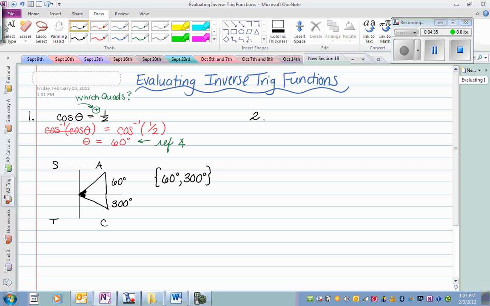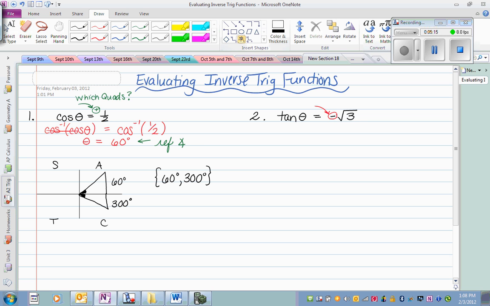A less cute one. Tangent theta equals negative radical 3. That negative tells me the quadrants.